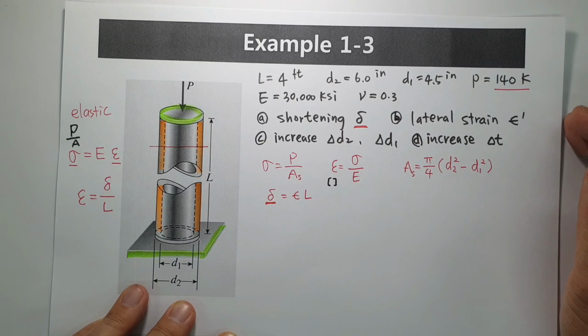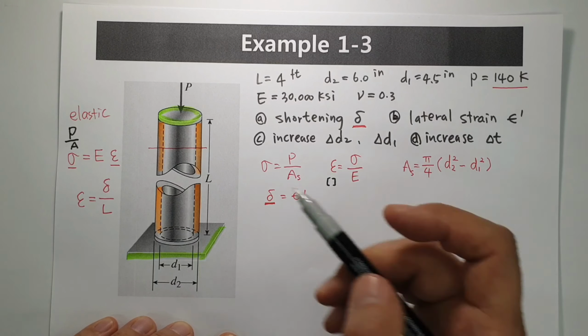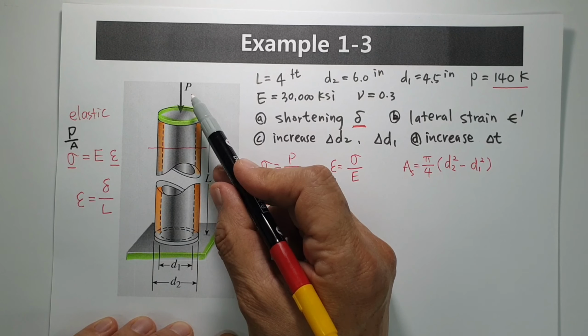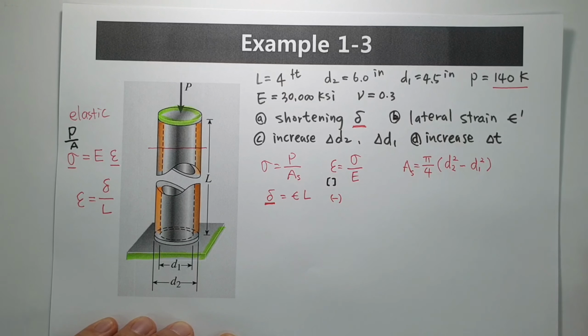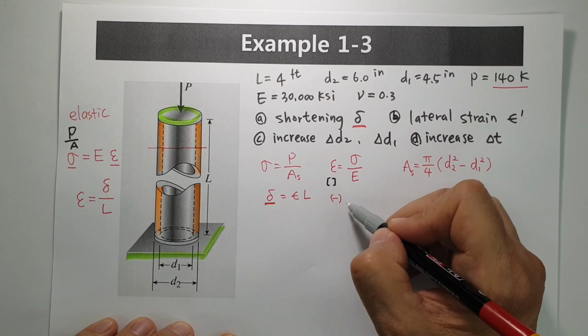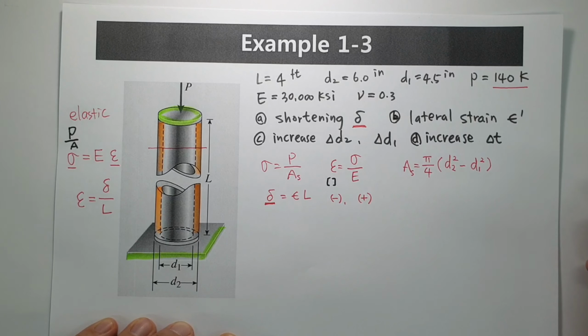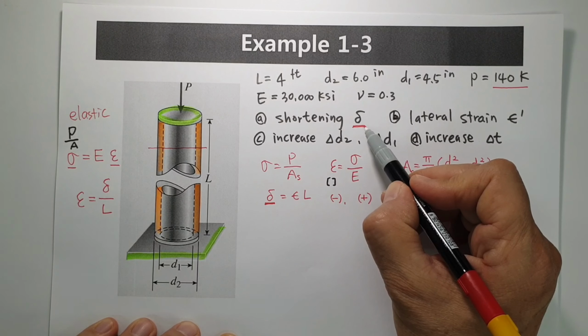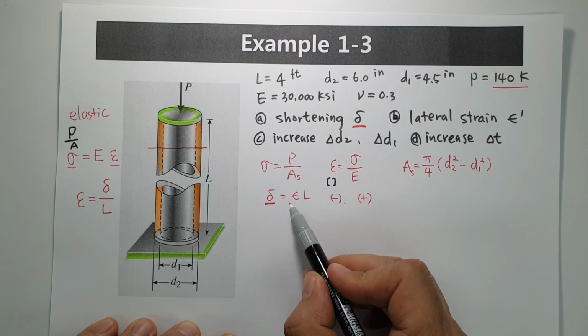Normally, in the mechanics of materials, this kind of compressive force is expressed with a minus sign. In the case of tensile force, it can be expressed with a positive sign. Then we can have the shortening delta by applying these relationships.